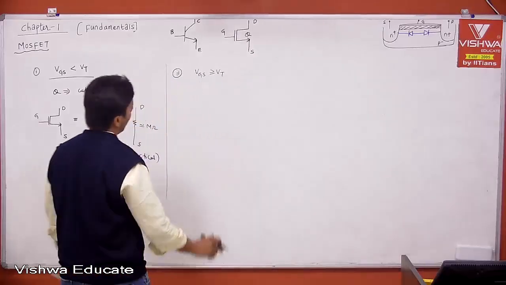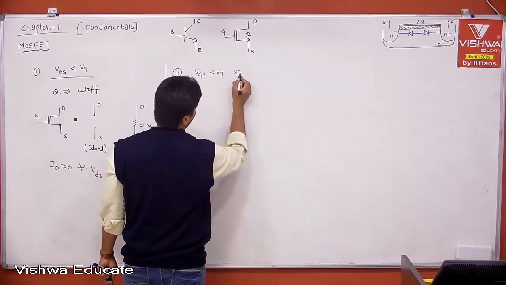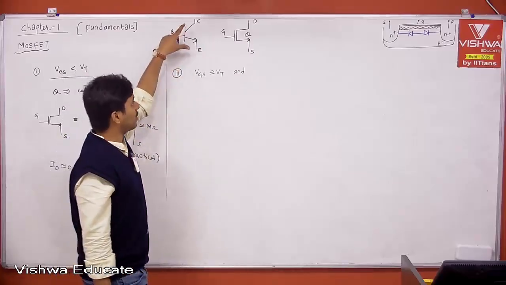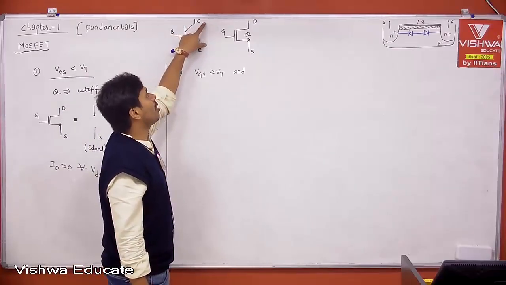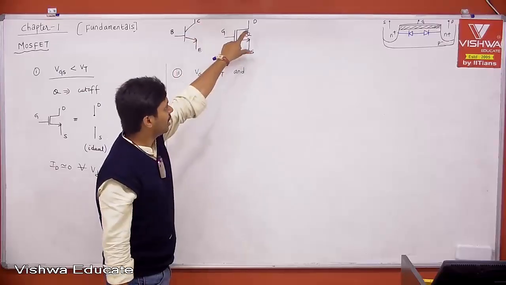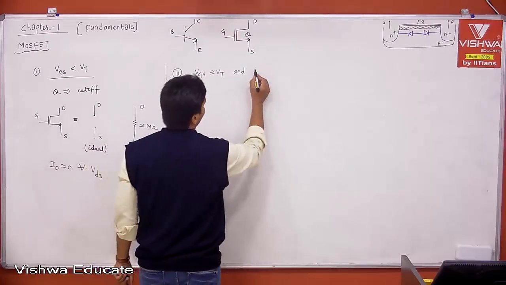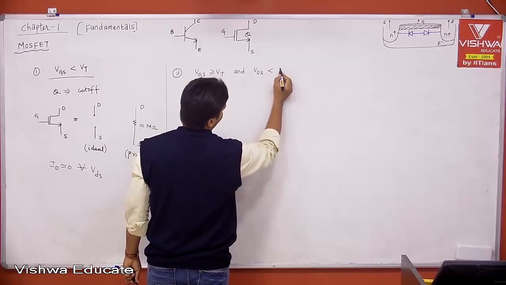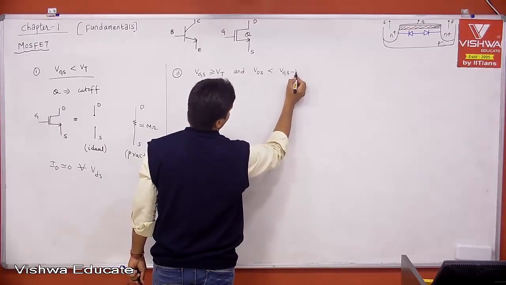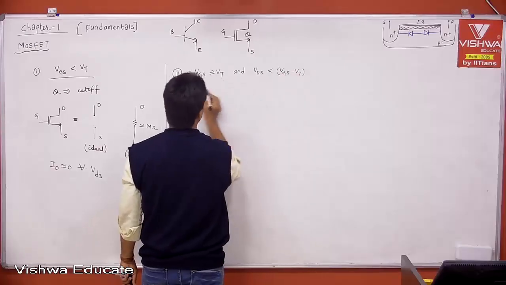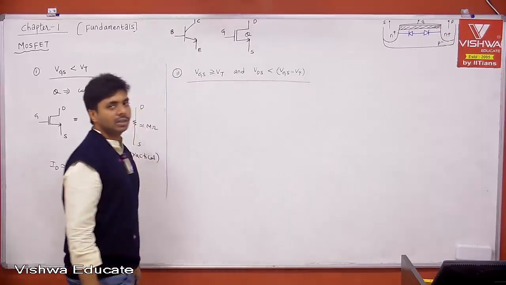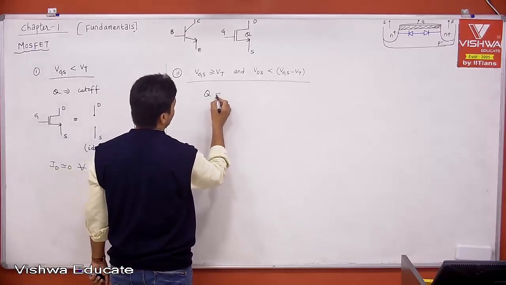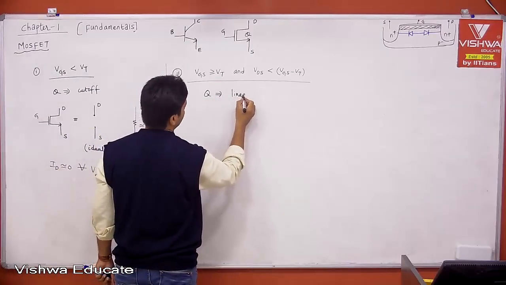Now there is something which I am not deriving, but you take it for granted. Like in the case of BJT, which I derived a little bit, VCE greater than or equal to 0.2. Similarly, we have some condition with respect to VDS also. If VDS is less than VGS minus VT, then the transistor is said to be in linear region.